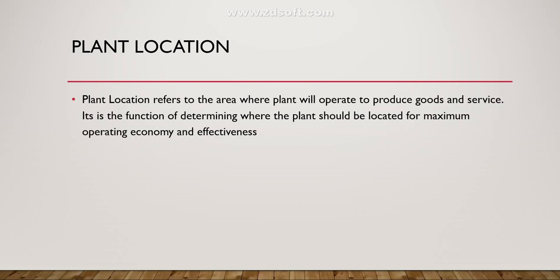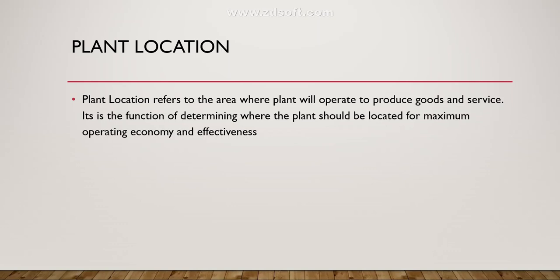Selection of location for operations involves a long-term commitment about the geographical factors that affect any industry. Once the plant location is decided, we don't change it on a day-to-day basis.